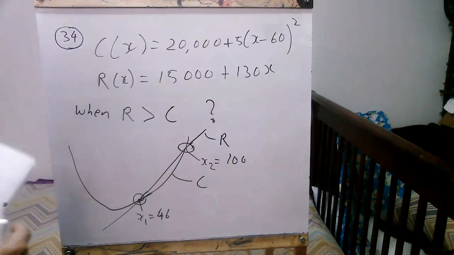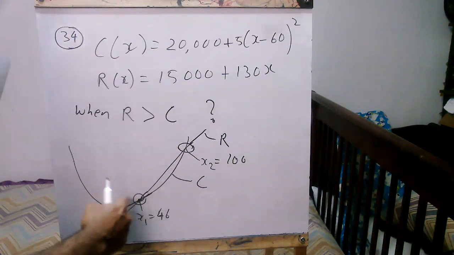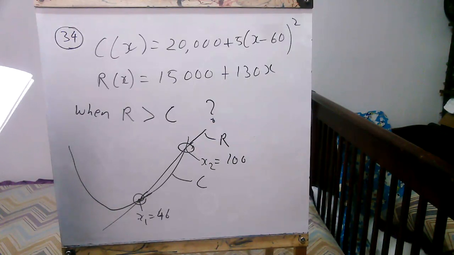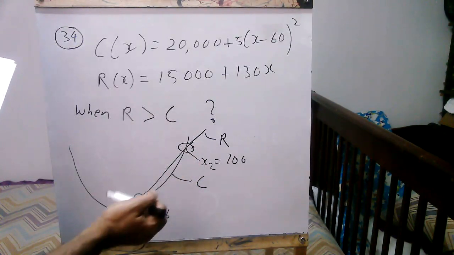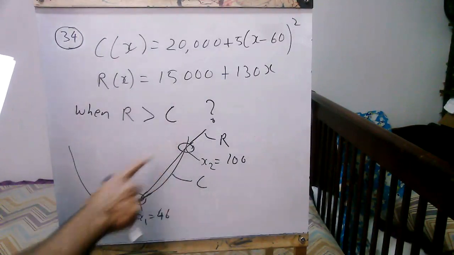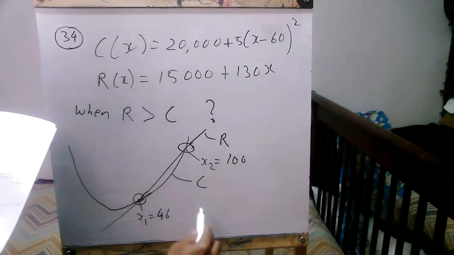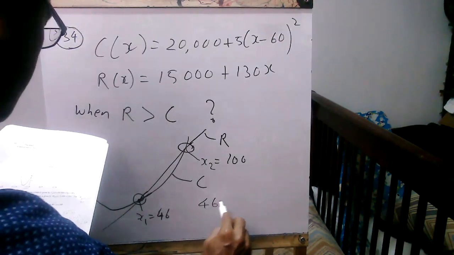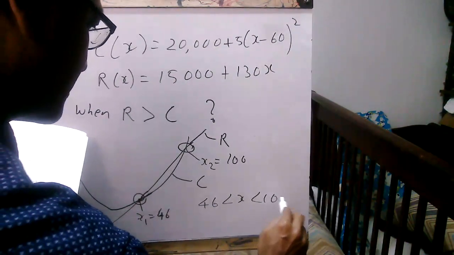This is why I call this question tricky. If the calculator gives you just one point, the answer on the question paper is x greater than 6, but you may wonder if there is another place where they intersect, right? Then you see that when you change the scale, right? Therefore our answer should be 46 less than x less than 100.